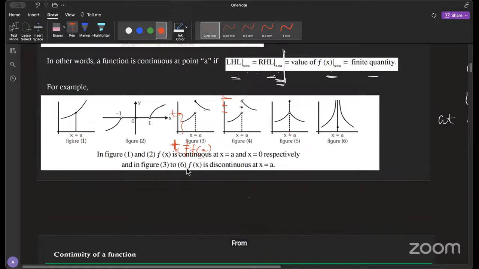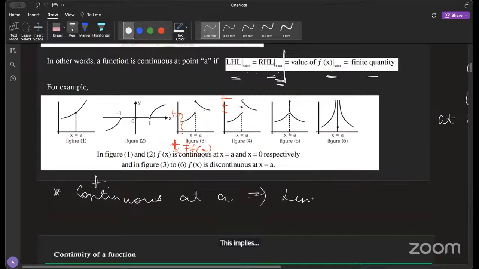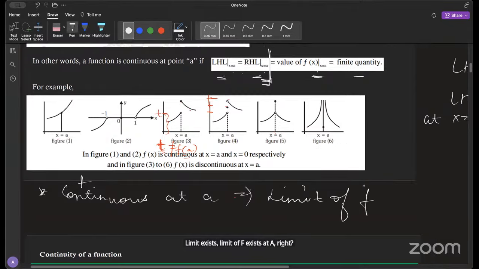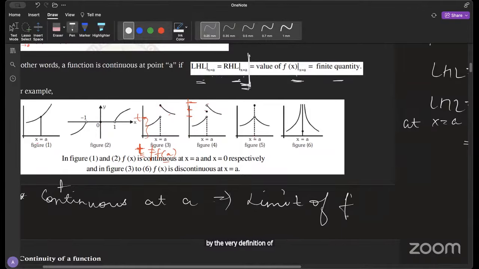From which brings us to an important point, which is, I'll write it here. So continuity implies if your function is continuous at A, this implies limit exists, limit of f exists at A, right? By the very definition of continuity.